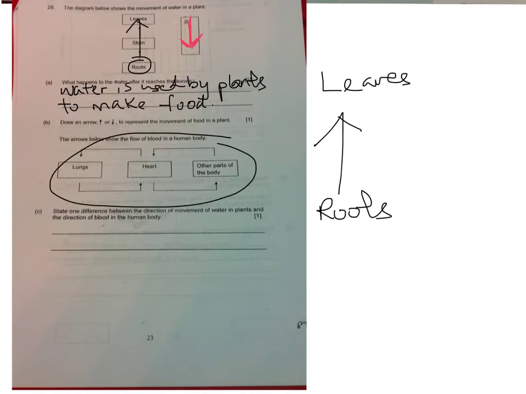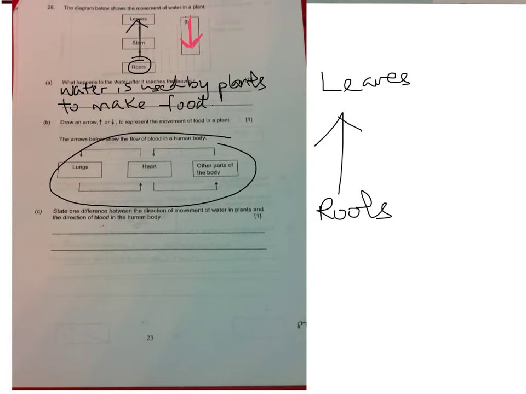If you see carefully, water in a plant only moves upwards, because from the roots, they move upwards to all the leaves. Now you get to see this flow of blood in the human body, and you notice that the blood actually flows in two directions, towards the heart and away from the heart.